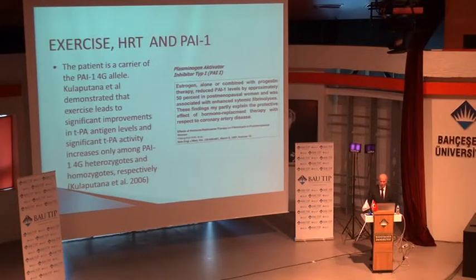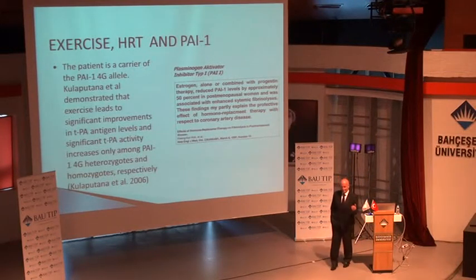Exercise is another one. It's a good study by Kulaputana and others. They found that they improved the PAI activity when they exercise regularly, which is true. You find it lower, and it's true until, as we always find, a certain amount of exercise.